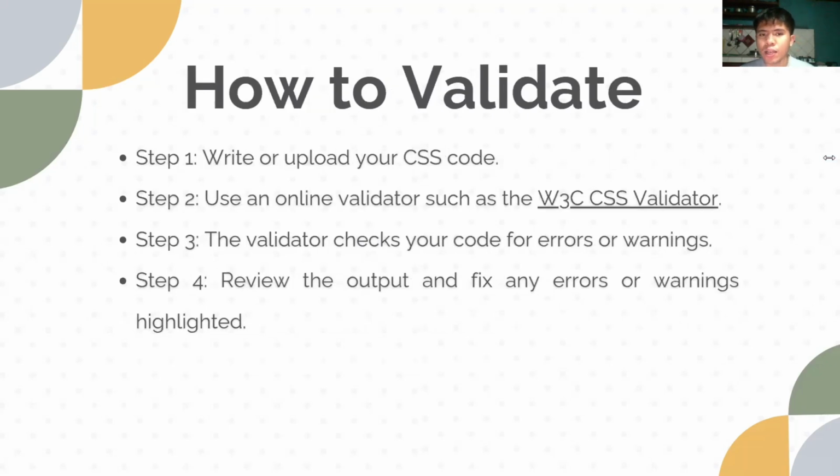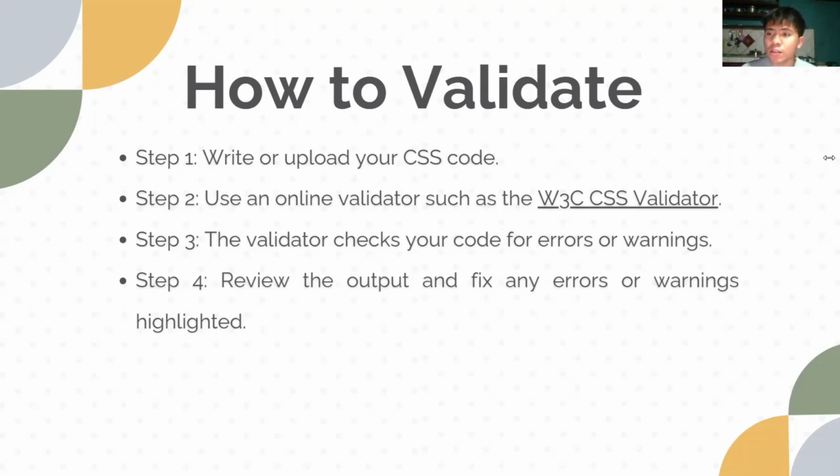So the third one is how to validate, and here are the steps to validate the CSS that I will show you later in our demo. First step is write or upload your CSS code. Step 2 is use an online validator such as the W3C CSS validator, which is also known as Jigsaw.